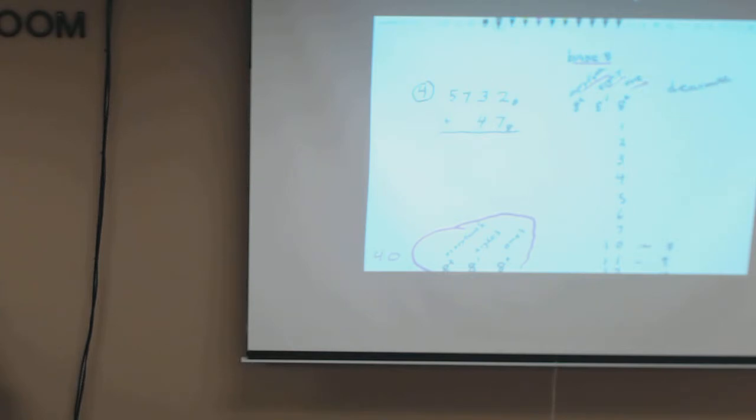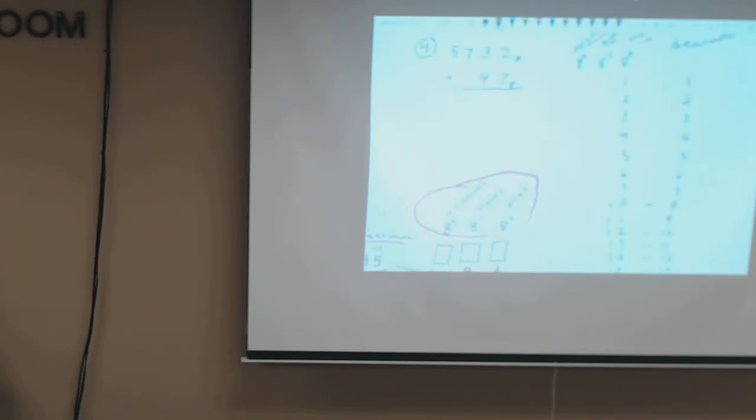So 1 and 1 are the same, 2 and 2 are the same, 3 and 3 are the same, 4 and 4, 5 and 5, 6, 7. But here's where it gets messy.